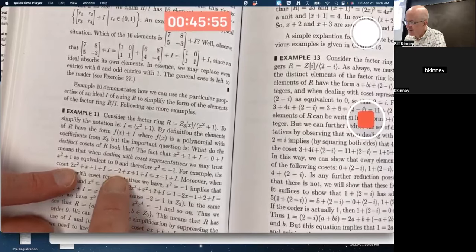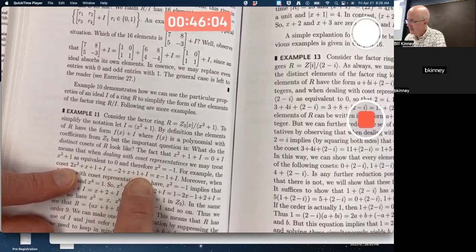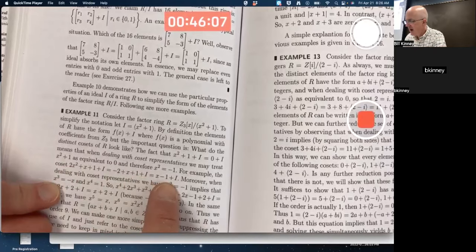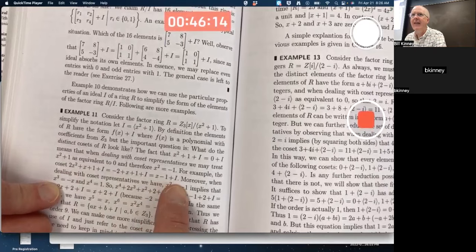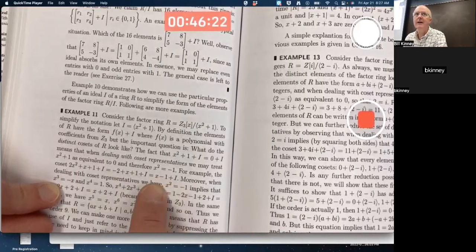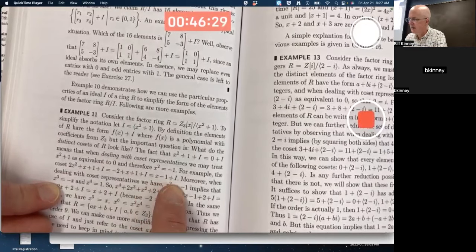This 2x squared got replaced with -2. -2 plus 1 is -1. The author didn't mention it, but of course that could also, mod 3, be written as x plus 2 plus I. And that probably would be the way I would prefer to do it as a default. The author didn't bother doing that. So we're talking mod 3. This would be the same as x plus 2 plus I. Maybe you want to make a little note to yourself right there if you have your book open. It's page 282.